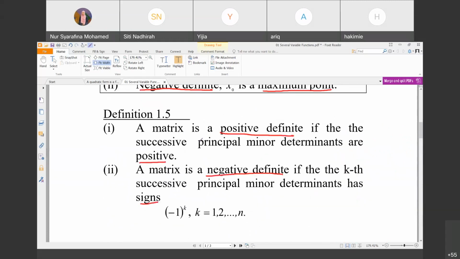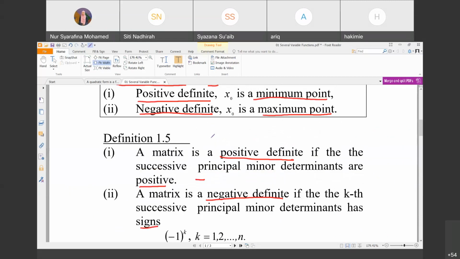A matrix is positive definite if the successive principal minor determinants are positive, the same as the previous one, and it is negative definite if the kth successive principal minor determinant alternately changes sign. When it is positive definite, the critical point, the extremizer, is a minimum.